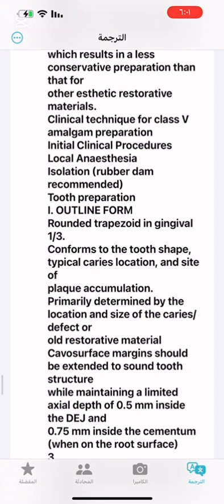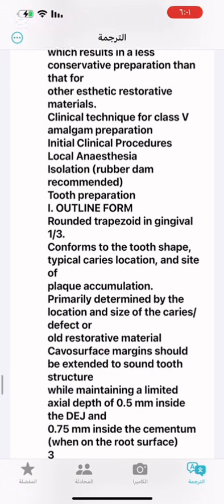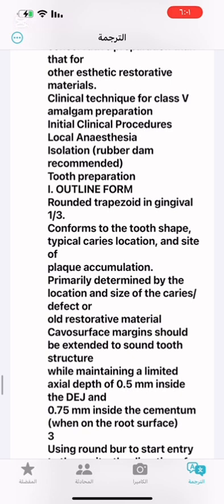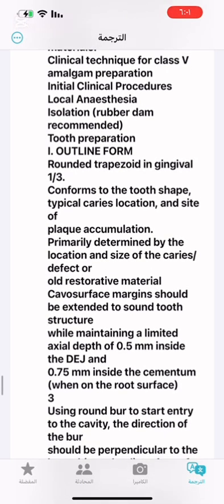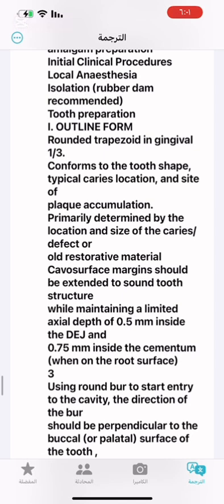Two disadvantages of amalgam as restorative material. The primary disadvantage is that amalgam restorations are metallic and non-aesthetic.